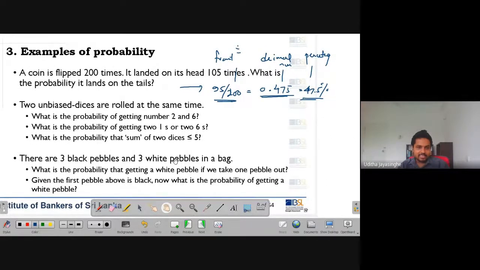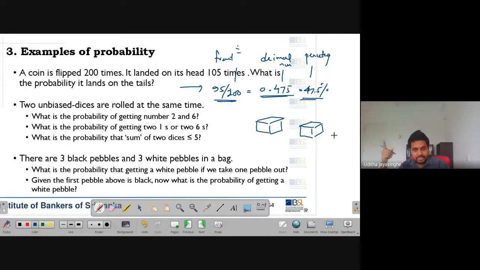To assist you a little bit, let me do a bit of a drawing here quickly. Not one dice thrown multiple times, but one time, two dice. What is the probability of getting numbers 2 and 6?